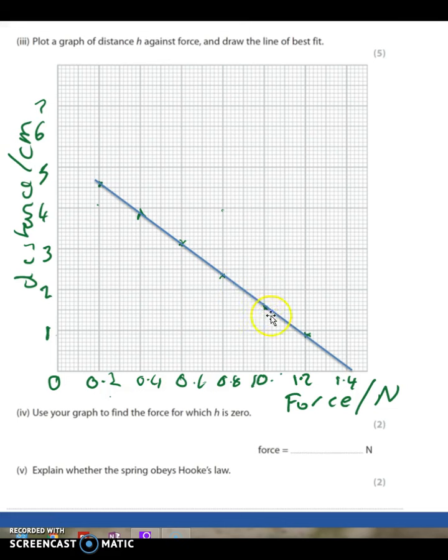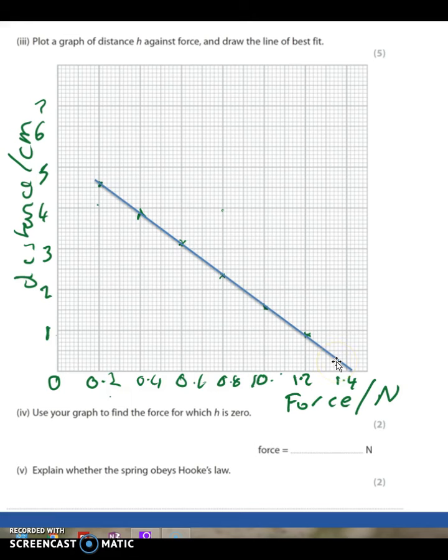Please use crosses, because these papers are scanned and sent to examiners around the world. So if you put a little dot, it can get lost behind your line of best fit, and it doesn't show clearly where you plotted your points. And as there's 2 marks available for plotting the points, I think it's wise to be safe and use clear crosses which show up.